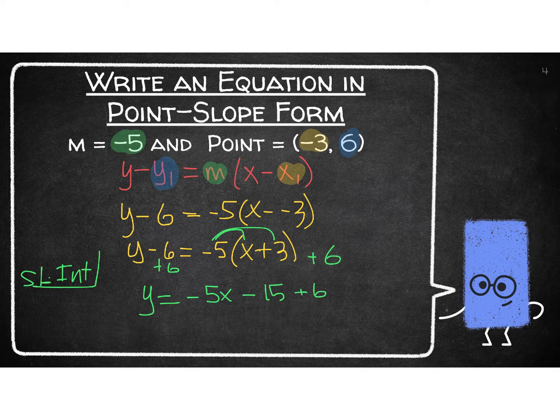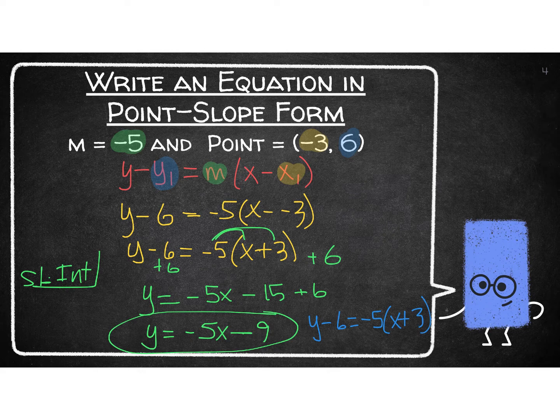And then we'd add the negative 15 plus 6, and our final slope-intercept form is y equals negative 5x minus 9. So that's slope-intercept form, and point slope form was y minus 6 equals negative 5 times x plus 3. Okay. So just make sure that you can write it in both ways, because you will be asked to write it in both ways.